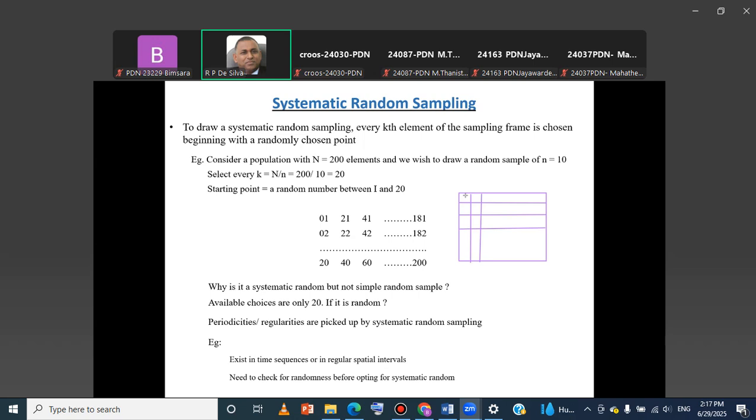If you take a random sample between 1 and 200, it is totally random sampling. But we are not doing that. You take 200, divide by the number of samples. Now every 20th, we take one number between 1 and 20. So this is called systematic random sampling.